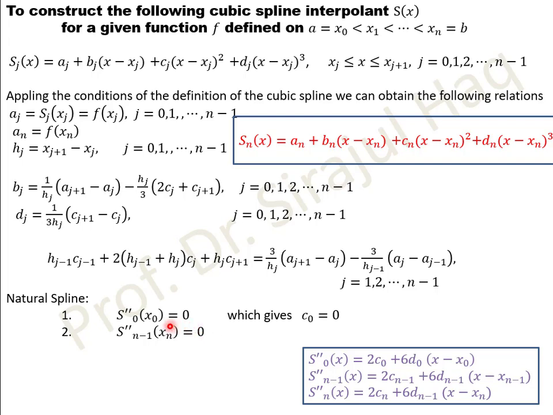The second order derivative of the last spline at the end point is equal to 0. This is straightforward, you already know it. But let's see here. This is the condition of continuity of the second order derivative for the cubic splines. And you can see Sn minus 1 and Sn are 2 consecutive splines.